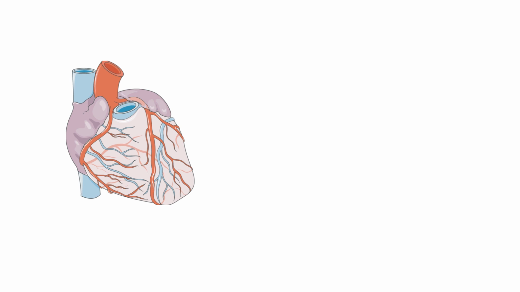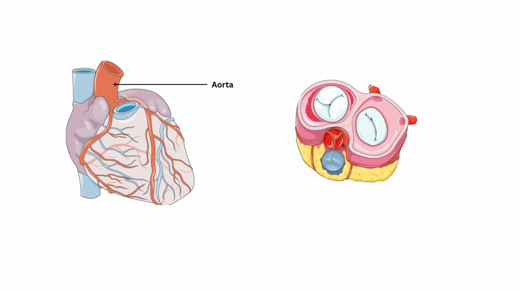The entire supply line starts at the very base of the aorta, which is right here, the largest artery in the body. So, right at the exit of the heart, there are small openings called the coronary ostia, right here and here.